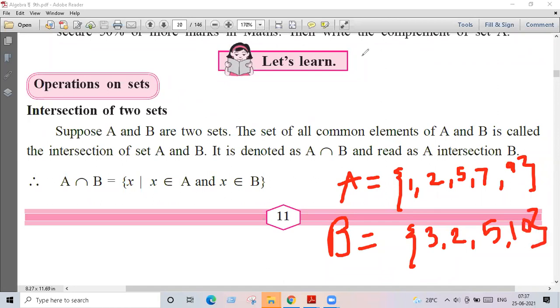Then what is common? What is A intersection B? Which elements are common in A and B? 2 and 5 are the common elements between sets A and B. Therefore, they are called A intersection B.